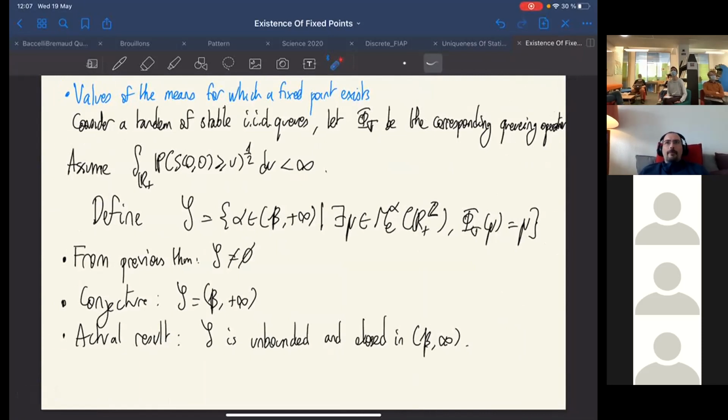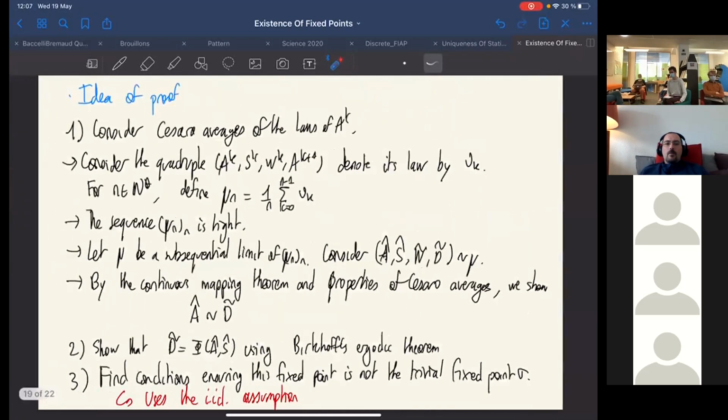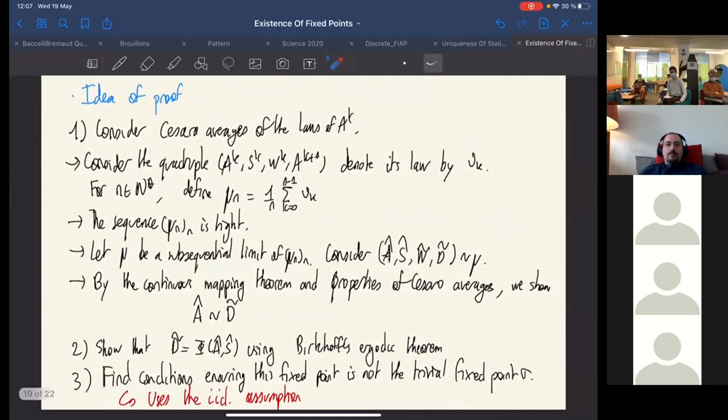Yes, it's a very good question. For me, this would be the interesting part. We constructed it kind of explicitly here. Yes, in some sense we can construct it with the Cesaro mean, I think. Yes, exactly.